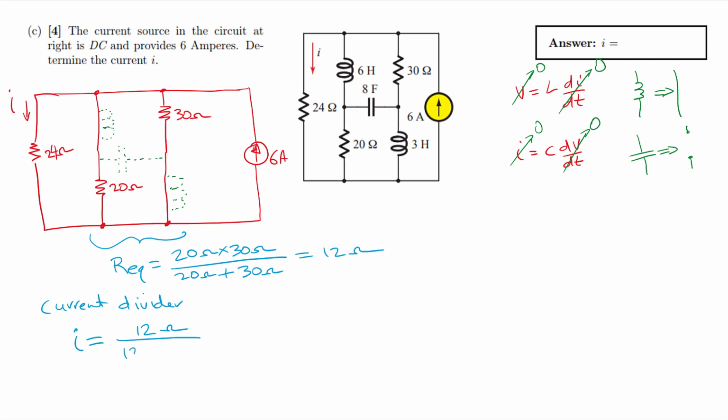So it's going to be 12 ohms over 12 ohms plus 24 ohms, that's the branch that we have the I current in, and this is a scaling factor to the total current coming in, so that's 6 amps. And then if we do that calculation, we get 2 amps. So that is our answer, 2 amps, so that's what we put up here, 2 amps.